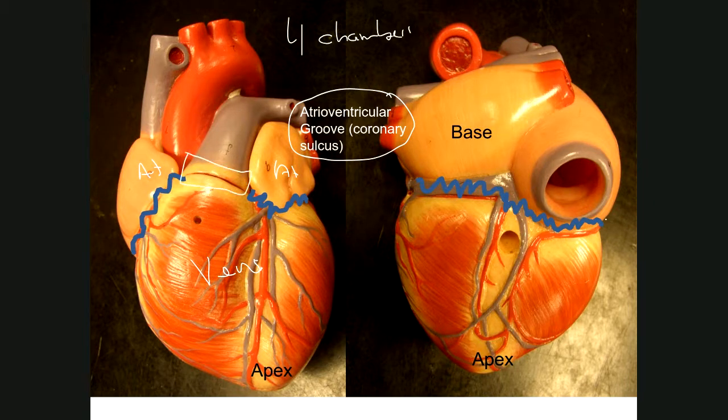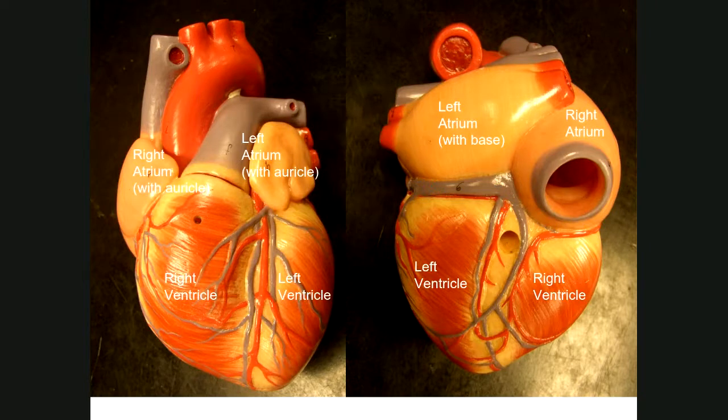It's that groove that we saw. And this groove has blood vessels in it. Look, if we remove those drawings, you can see the blood vessels in here. So there are arteries in here, and there are veins in here that run around this atrioventricular groove all the way around, except right here.